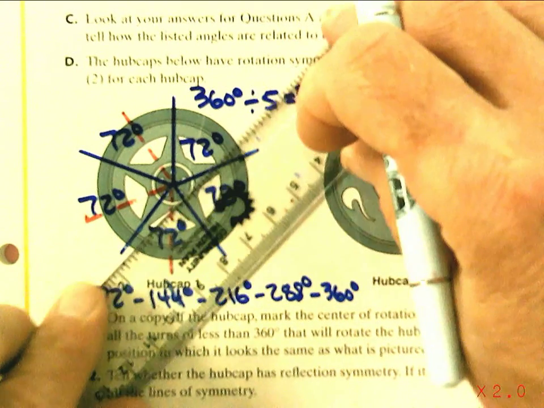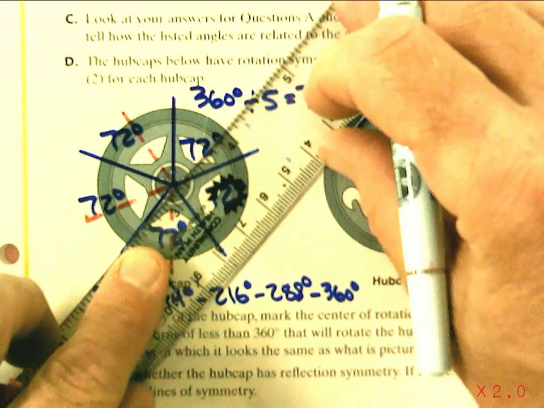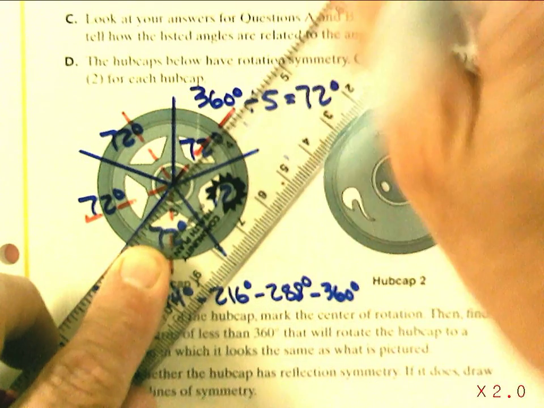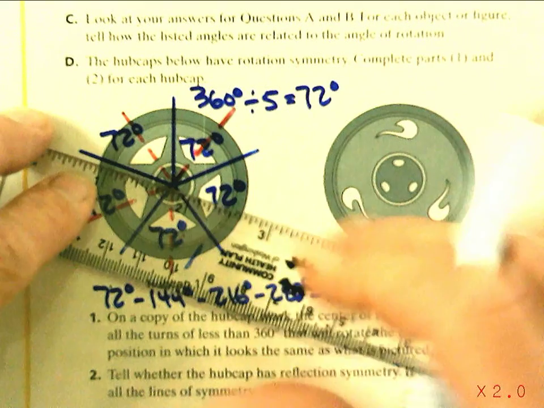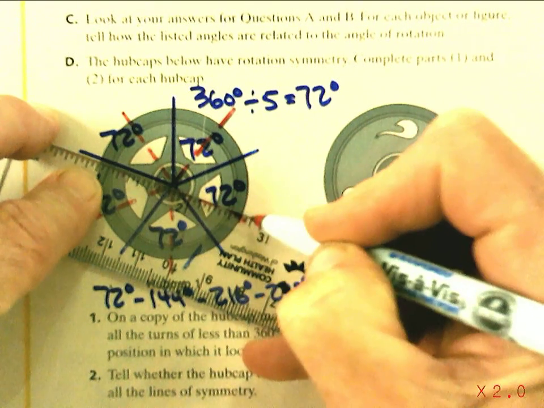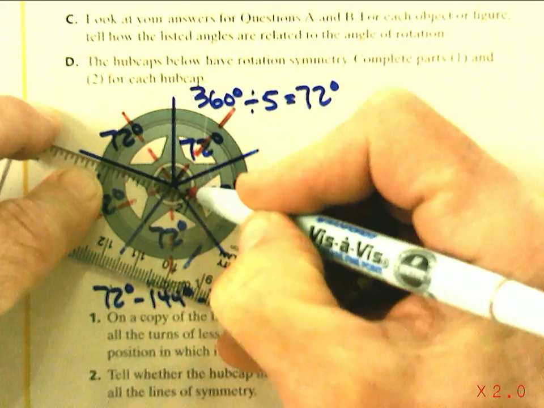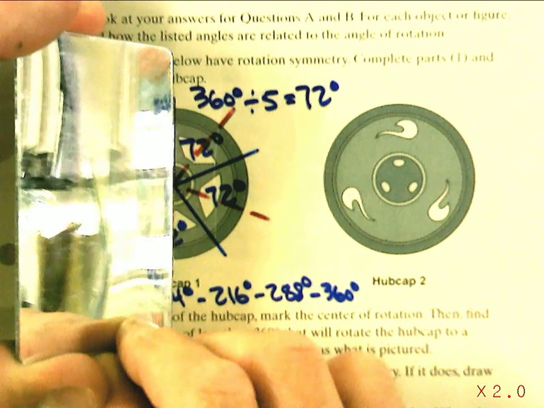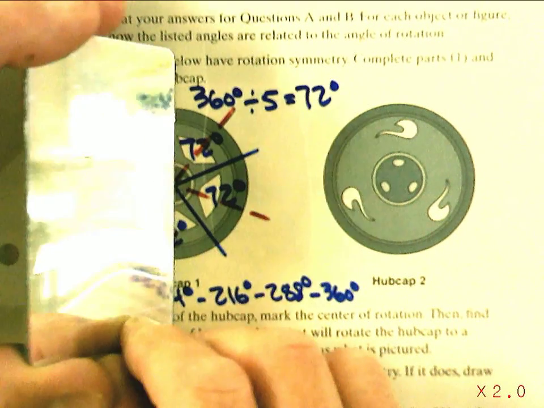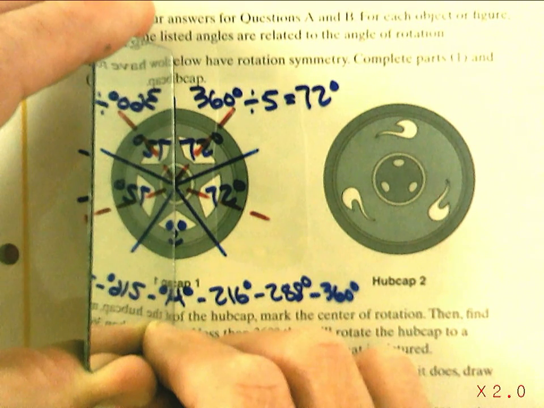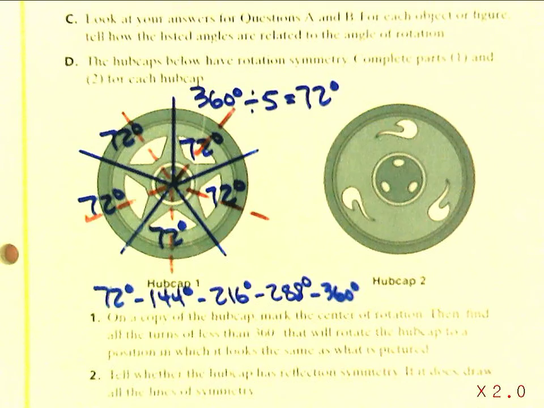So you can see it actually has 5 lines of reflection symmetry. So I can either rotate this image to get it to look like it was, or I can reflect it across one of its parts. So those are all now lines of reflection symmetry, as well as rotation symmetry. So that was for hubcap number 1.